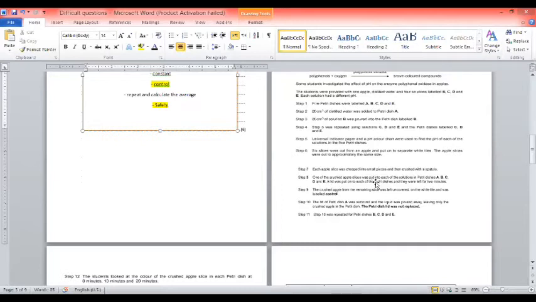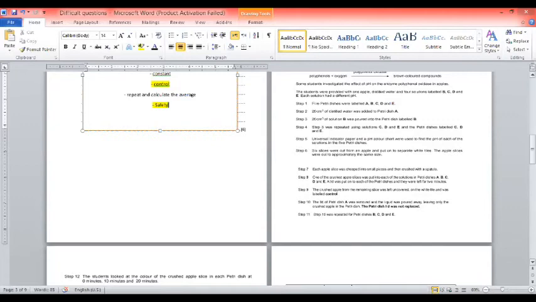And then one of them was put in each of the solutions, A, B, C, D, and E. And the crushed apple from the remainder was left uncovered, and this is used as a control. Here he mentioned the control. Then he left it for 2 minutes, and then he removed the lid, and the liquid was poured away, leaving only the crushed apple.